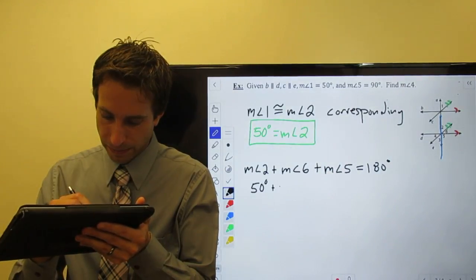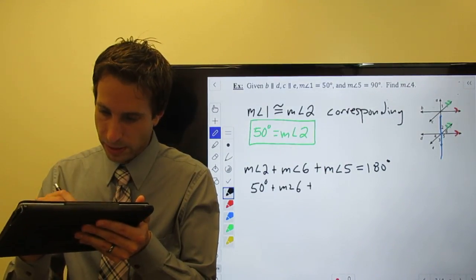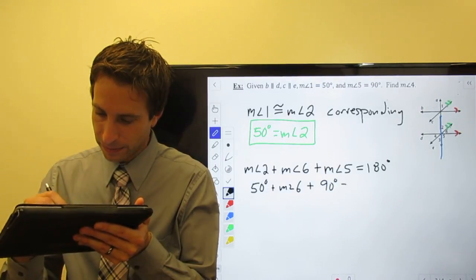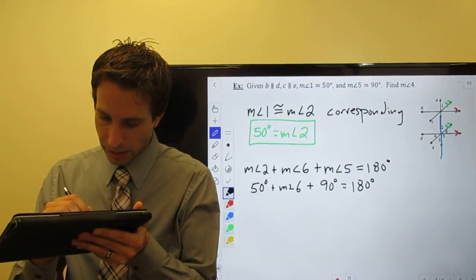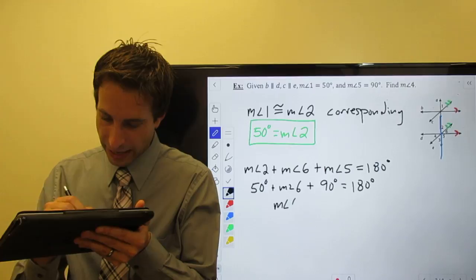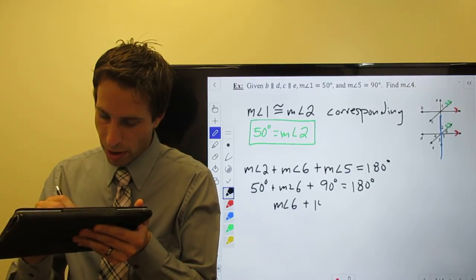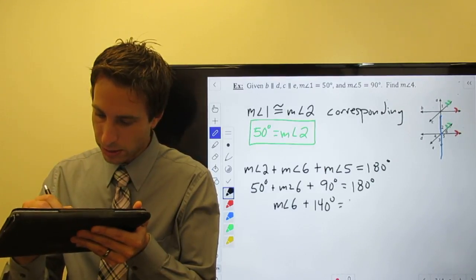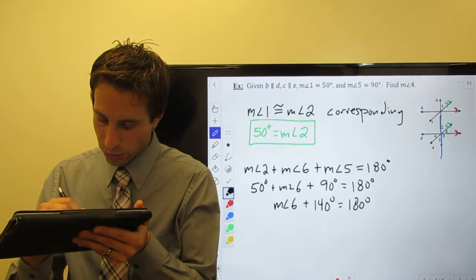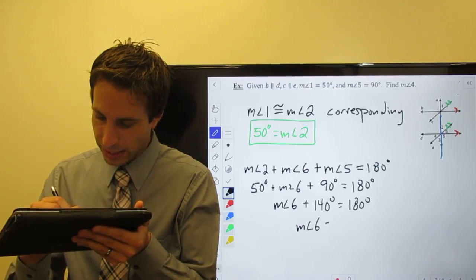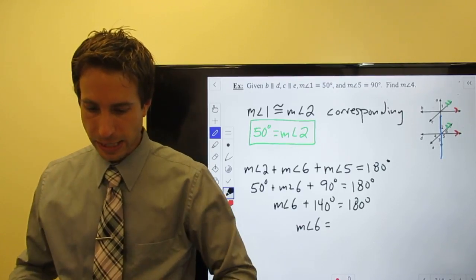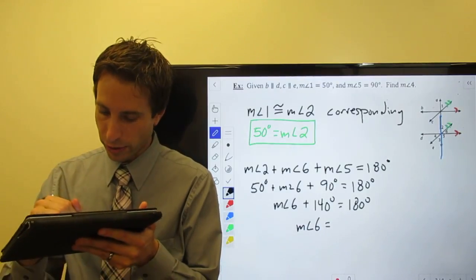50 plus 90. Combine like terms. Measure of angle 6 plus 140 degrees equal to 180, which means the measure of angle 6 is going to be equal to 40 degrees.